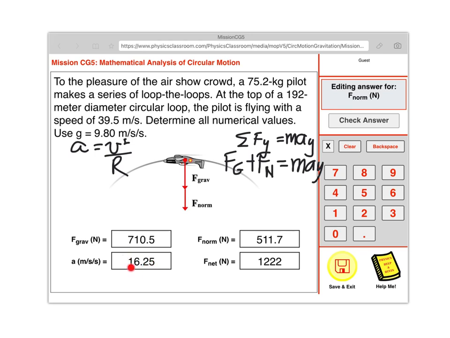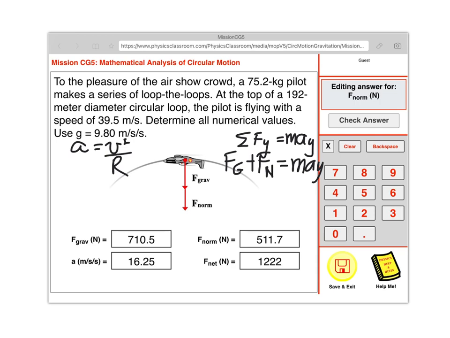That gives you an acceleration which is greater than 9.8. So the gravity force plus the normal force gives us the net force, and the mass of the pilot times g, those two have to add up to that. So I took this, subtracted that to get the normal force. Just think that through so you understand it and you're not just doing the math, because it would be easy to add when you should be subtracting and vice versa.